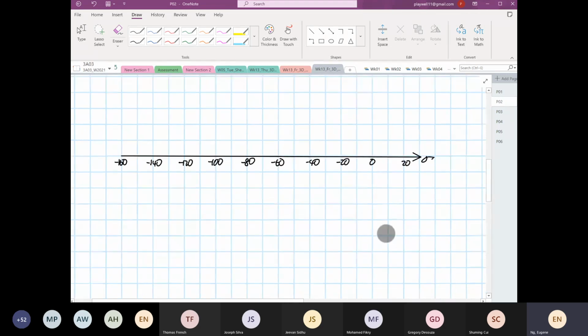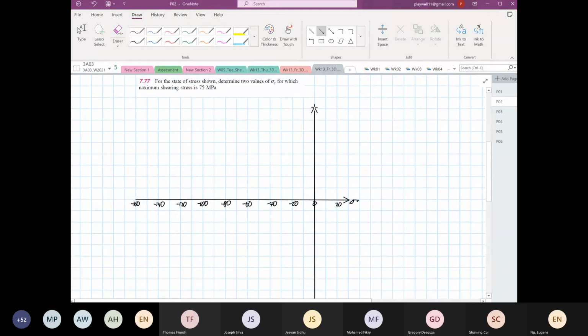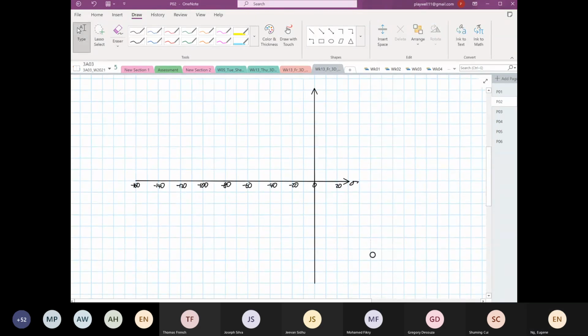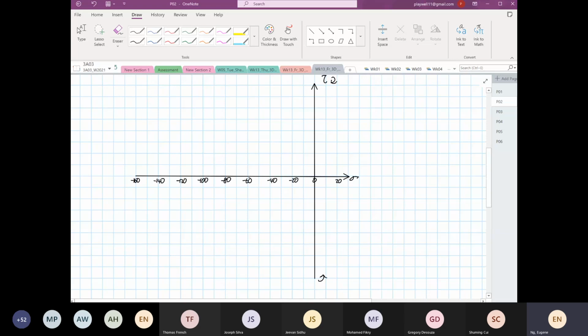Normal stress, and then we're going to have our shearing stress, clockwise, counterclockwise. 20, 40, 60, 80, minus 20, minus 40, minus 60, minus 80.